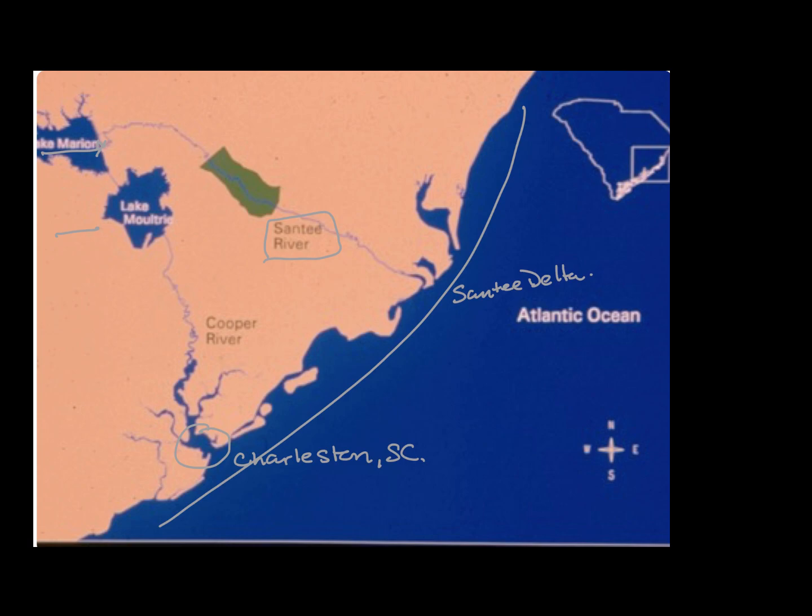So if we think back to the way that the United States was first settled, remember that it was a mercantile economy where things were produced in the colonies and then sent back to Britain. So everything is going on ships back across the Atlantic Ocean over to Britain. That means that there had to be good harbors.